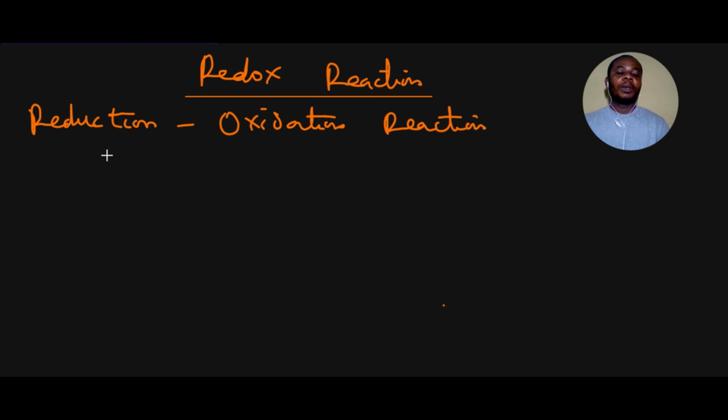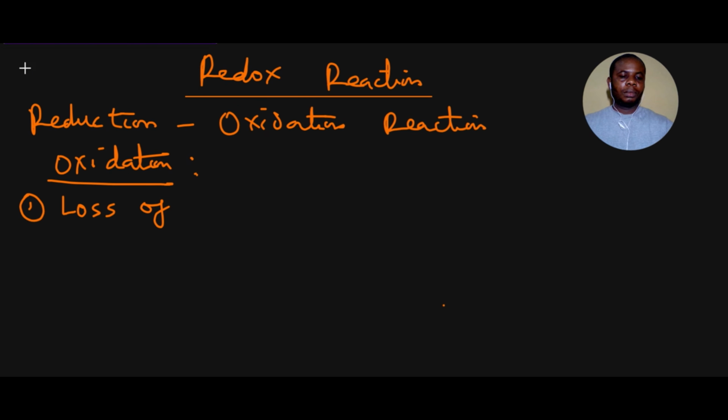So I'll be talking about each of them. Oxidation means loss of electron. Let's take a look at sodium, for example. This sodium atom has 11 electrons in total.